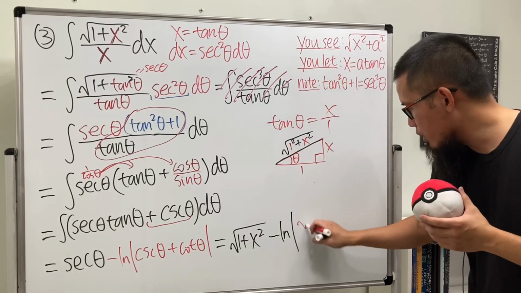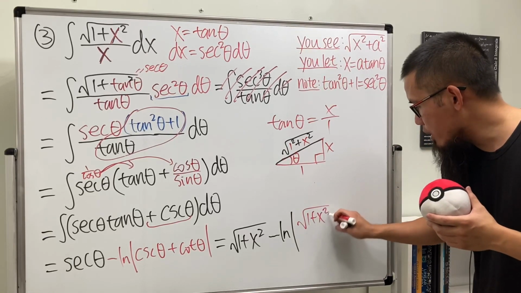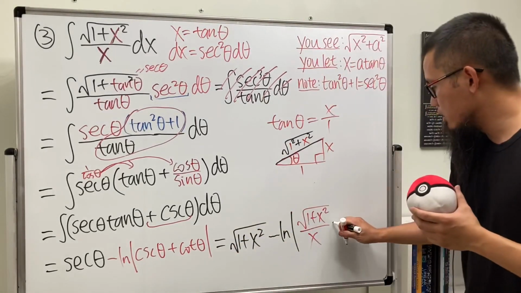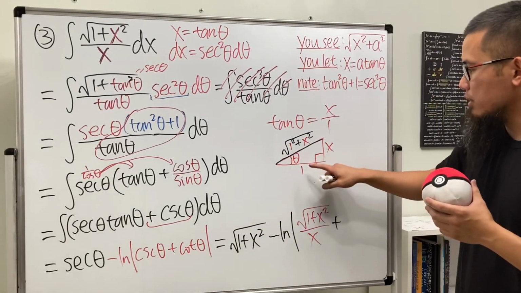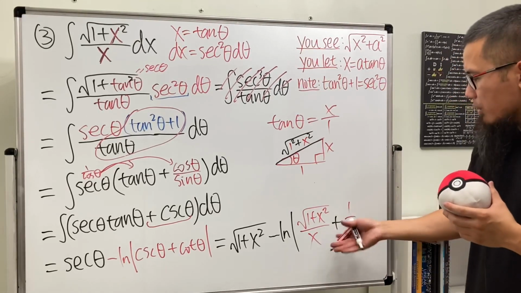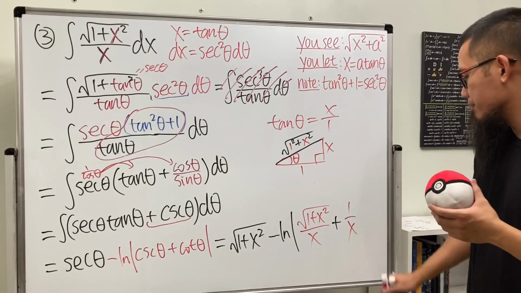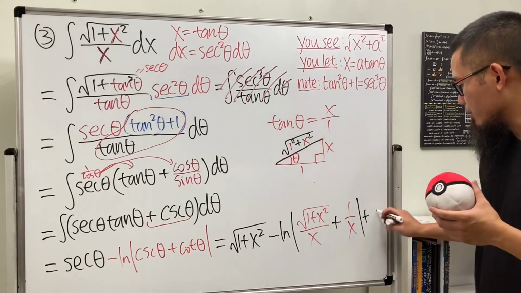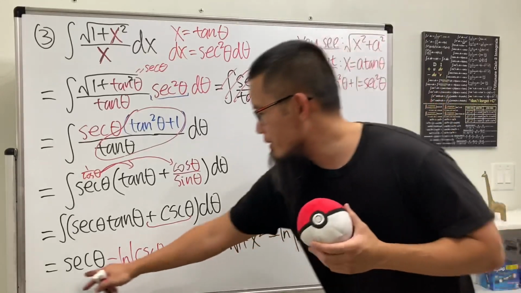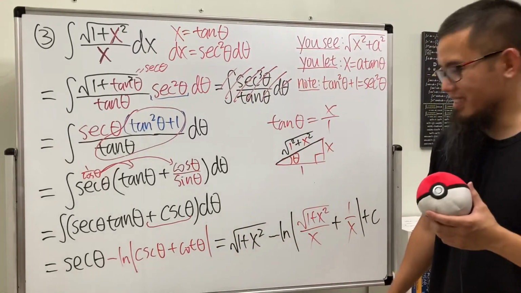So I will put down square root of 1 plus x squared over x. Lastly, we add cotangent, which is just adjacent over opposite, which is just 1 over x. And again, you can put them together, but it's okay. So that's all. Put down the plus c, and I think this right here go with that. So I think this is pretty clear.